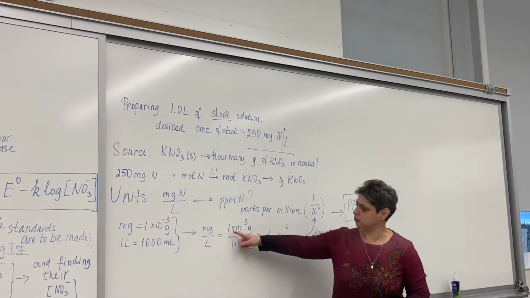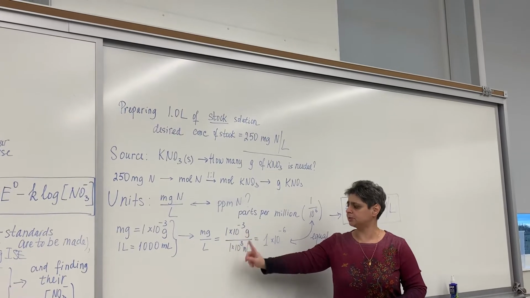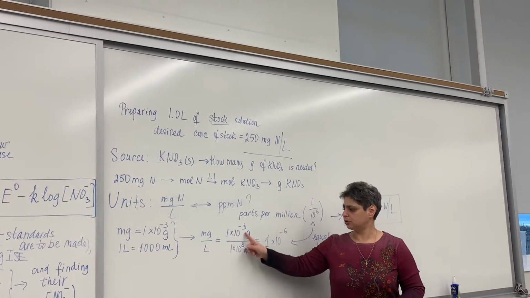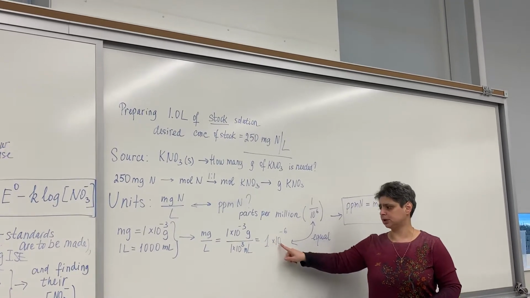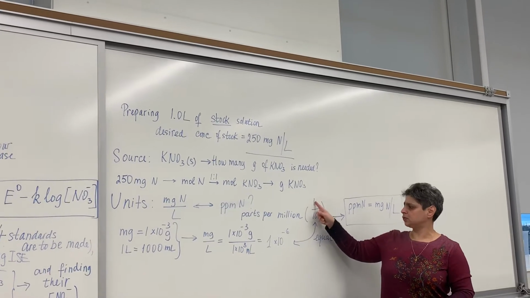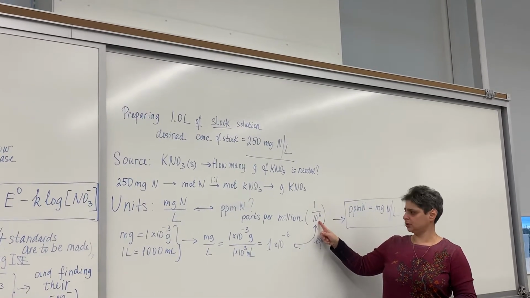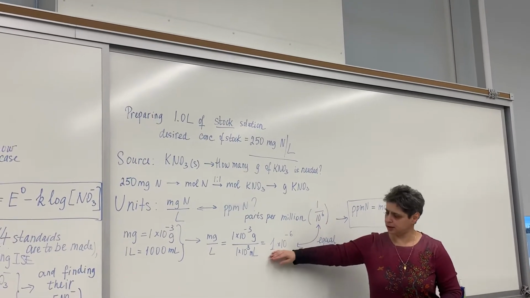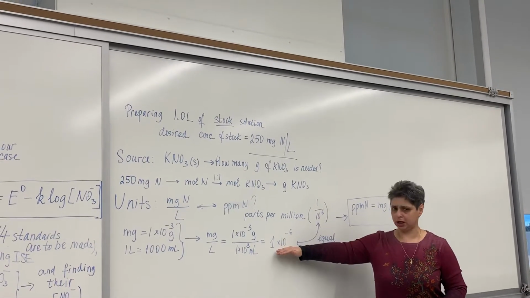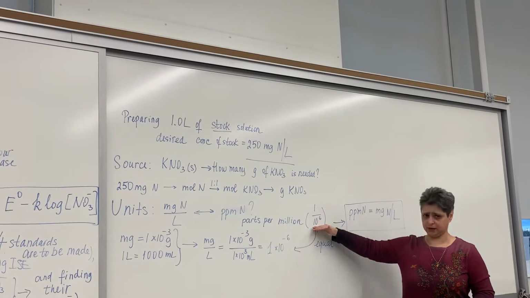So we're talking about 1 times 10 to the negative 3rd grams in 1,000 milliliters. So if we do the math, we end up with 1 times 10 to the negative 6. But parts per million is 1 over 10 to the 6. Now compare this to this. I hope you can see numerically this and this are the same thing.